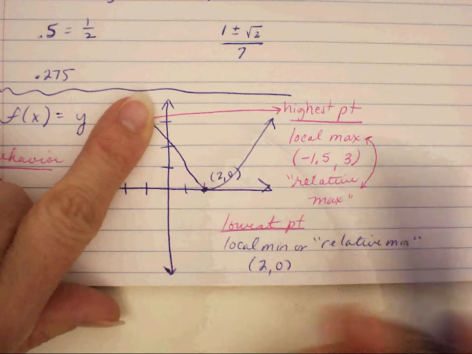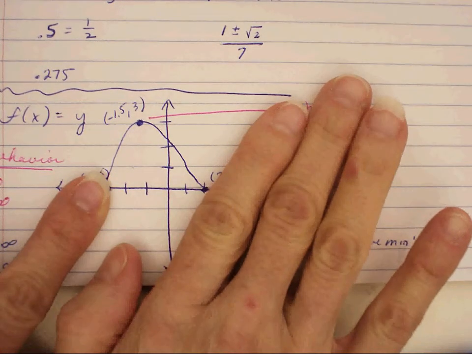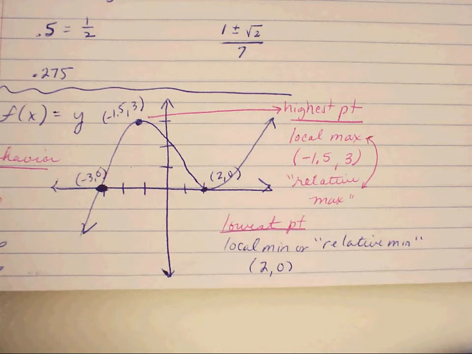So when you say a relative min, it just means relative, that you're not talking about what happens in the end behavior. Whereas its location here at 2.0, it almost looks like that little part is a parabola opening up, and it almost looks like that part is a parabola opening down. But indeed, it is not. Do you know what it's called when one arm's up and one arm's down?